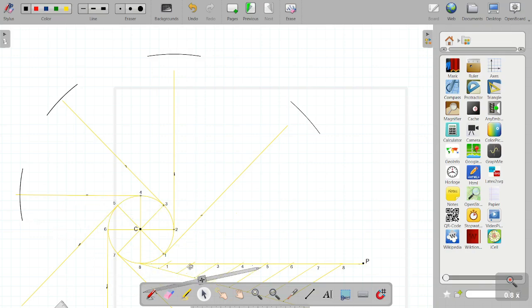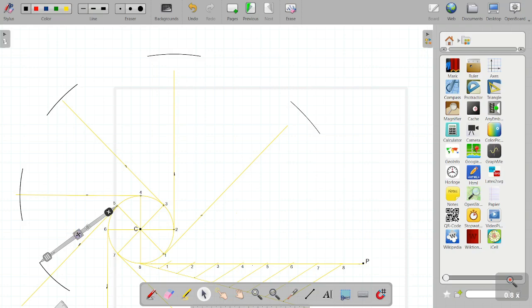And then point 5 to point P, keeping it on 5 and marking the radius on the projector or the tangent from point 5.